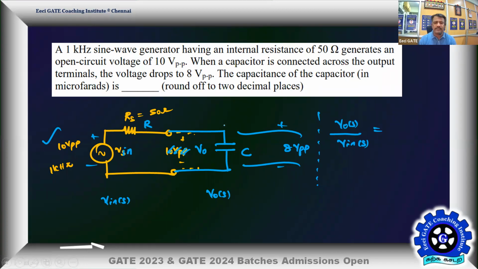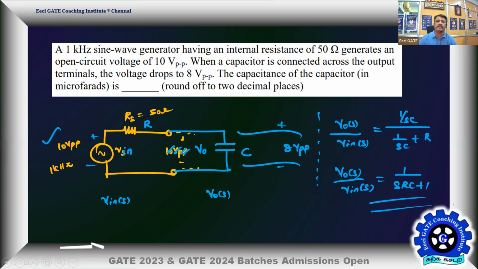Take this as R, take this as C. The voltage is taken across 1 by sC, the impedance offered by the capacitor, divided by the total impedance of the circuit. If you reduce this, you end up with V0(s) by Vin(s) equal to 1 by (sRC plus 1), a simple low pass. It's a frequency selective network, a simple first order system.